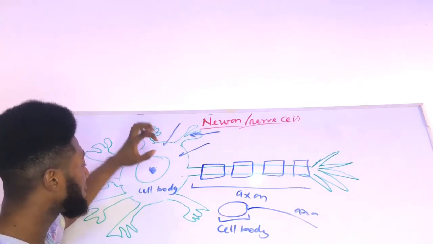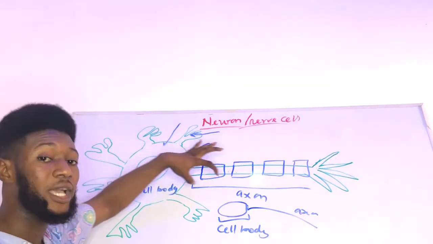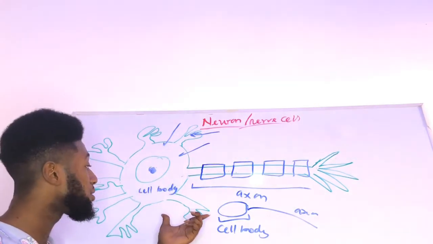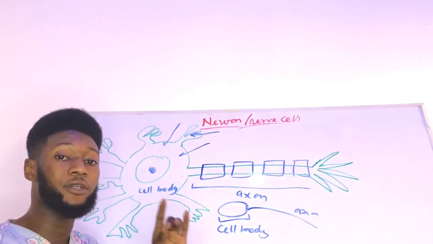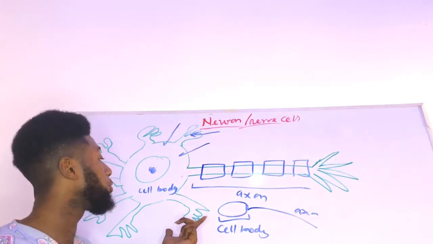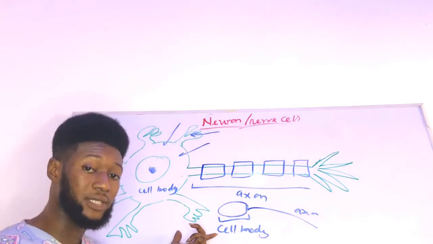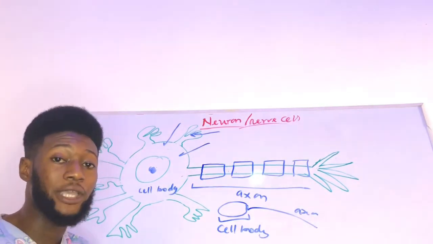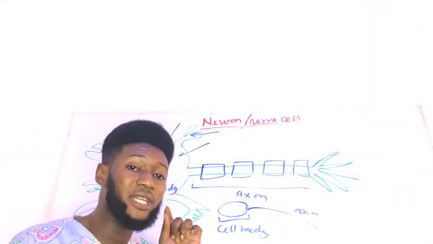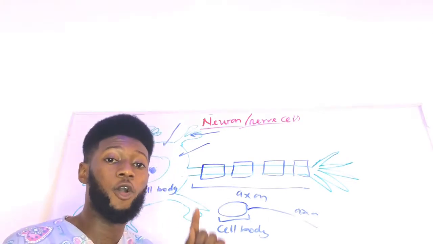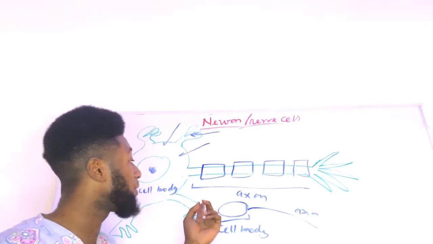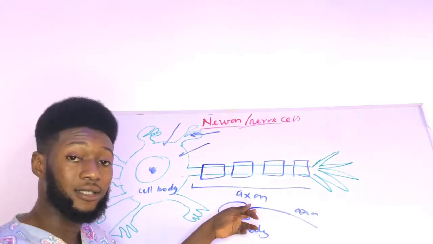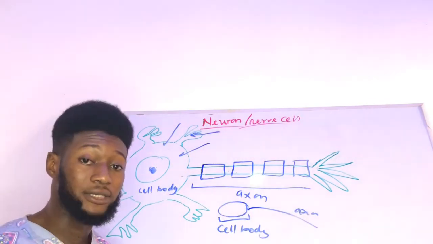I need this to understand gray matter, white matter, nuclei, and nerves. For every nerve cell or neuron, every conducting cell, we have a long process known as the axon, and they have a cell body, right?